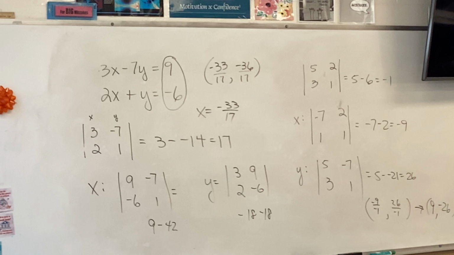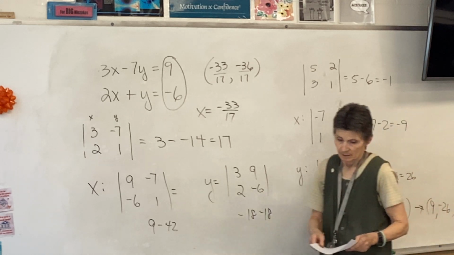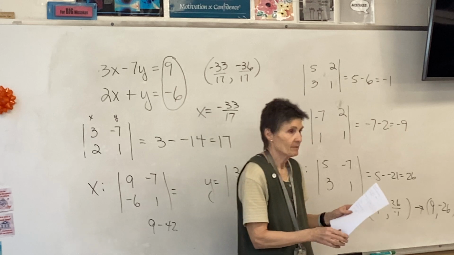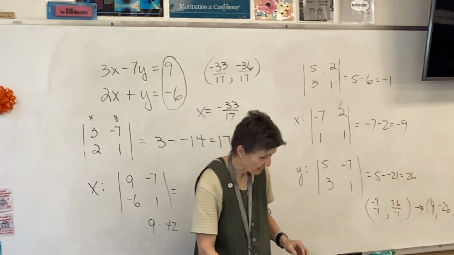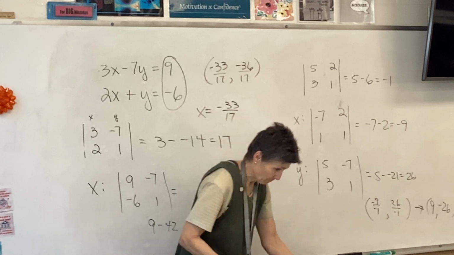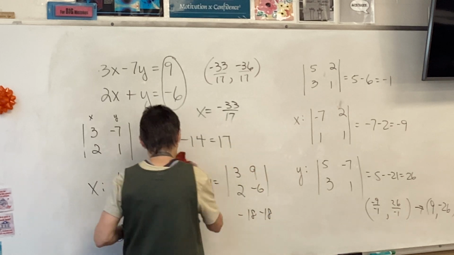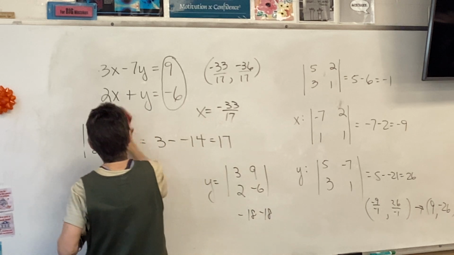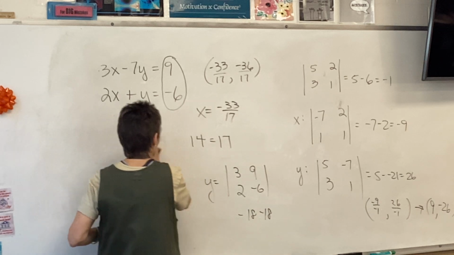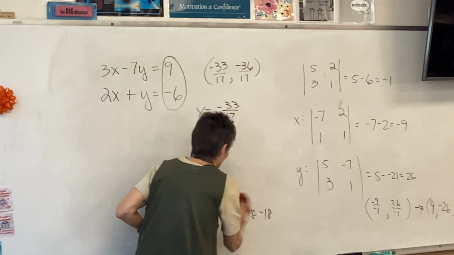Here we go. This is what your quiz is going to look like. Now, you'll notice there is nothing on the back. There's going to be something on the back, there just isn't right here. So here we go. Number 1. Solve. I said we do elimination, whichever one you want.